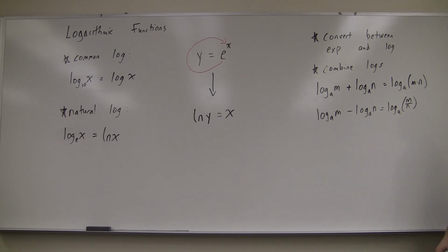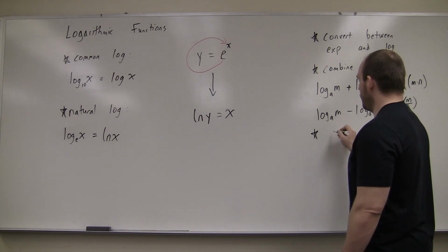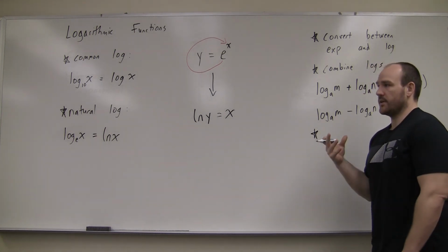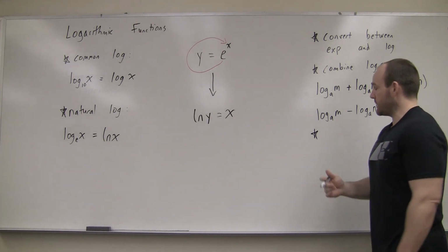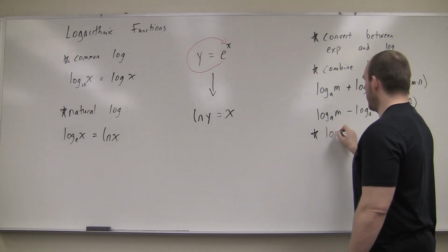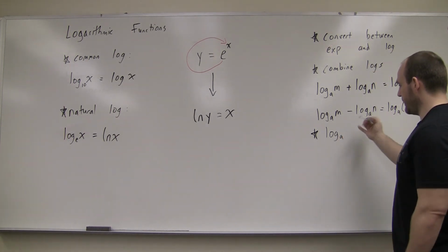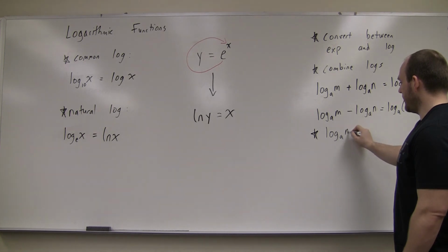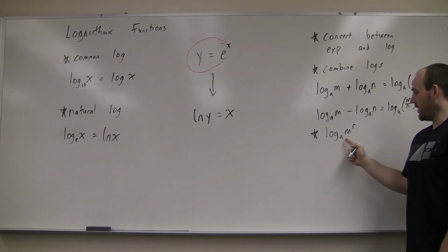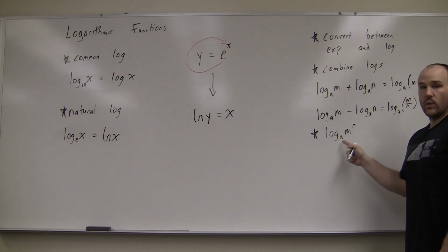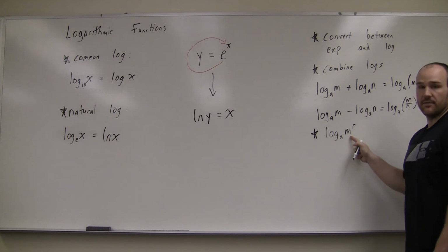Then our last rule, whenever we have a simplified form of logarithms, or sometimes we're solving, is for taking the logarithm of an exponential function. If we have log base a, and just for this notation's sake, let's say we have m to the r power. So we're taking the logarithm of an exponential function. Now, we can't cancel out m and a like we talked about before because they're different bases.